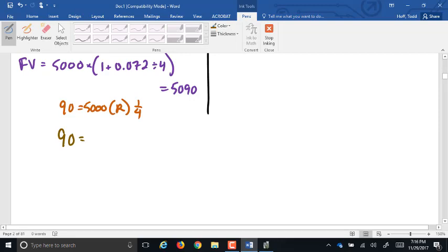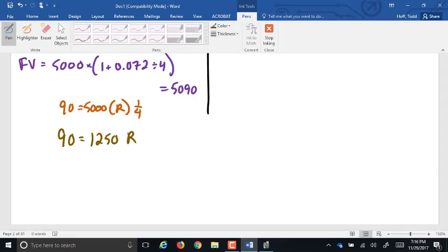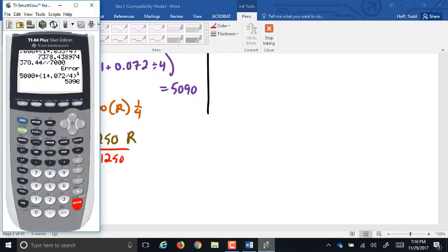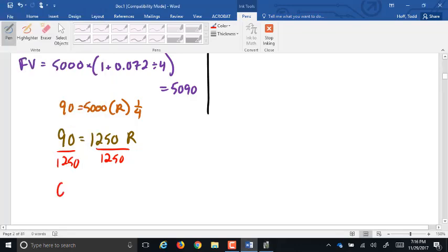So what's 1/4? 5,000 times 1/4 is 1250. $90 divided by 1250 is 0.072, or 7.2%. There is no compounding. It's only one interest period. There's no way the effective rate can be any different than the stated rate.